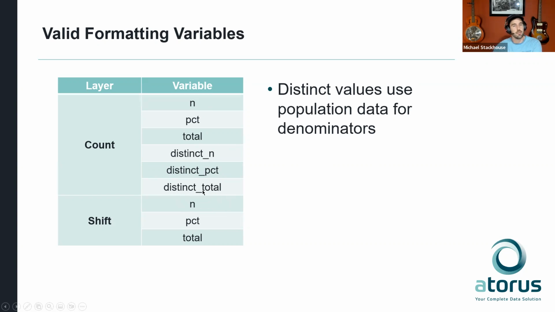Distinct total, when you use the population data, is going to be your header n. So if you need to format and include your header n somewhere in the data, then a format string using distinct total will show what that header n itself is. For shift layers, you just have n, percent, and total, but that behaves the same way as count layers.